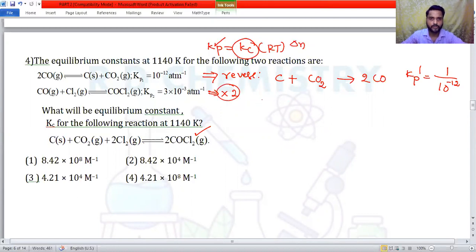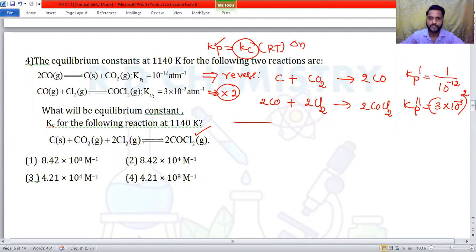That gives 2CO plus 2Cl2 to give 2COCl2. So let it be now Kp double dash. Kp double dash is equal to 3 into 10 to the power minus 3. We have not reversed it, so the value will remain the same, but we have multiplied the equation by 2. Therefore, we have to square it.